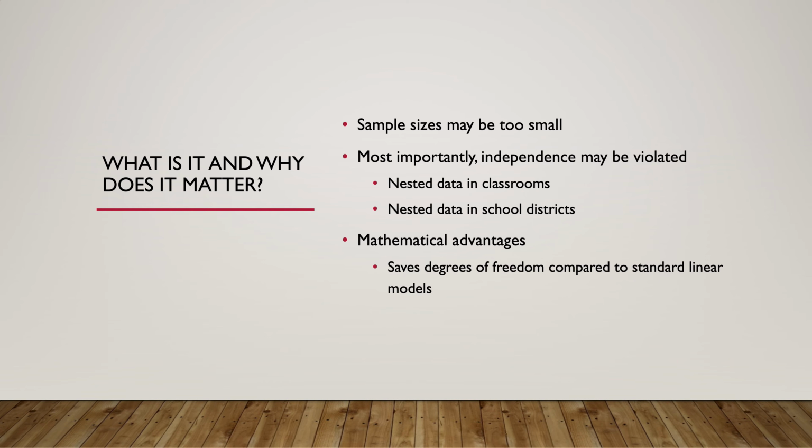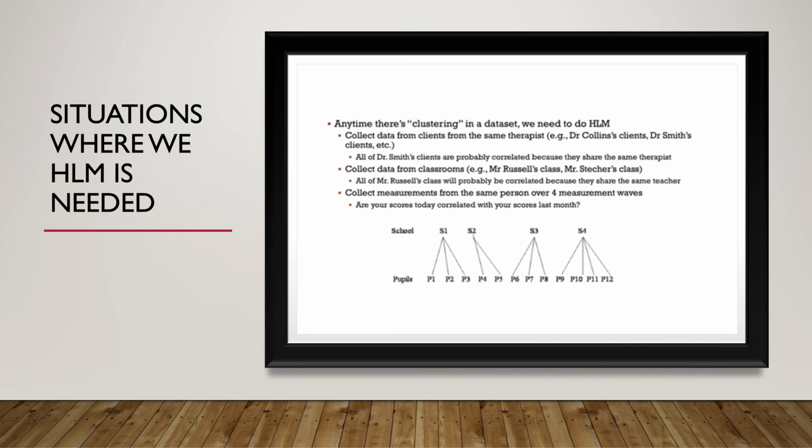And I try to stress to you that if normality or equal variances, either one of those or both, is violated, it's not a huge issue. We need to report it, make sure the reader knows, but not true with independence being violated. And there's some mathematical advantages as well.